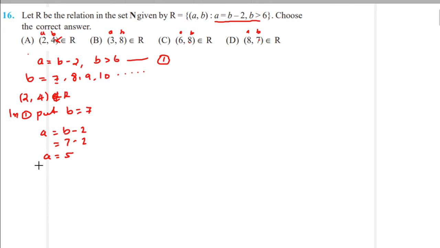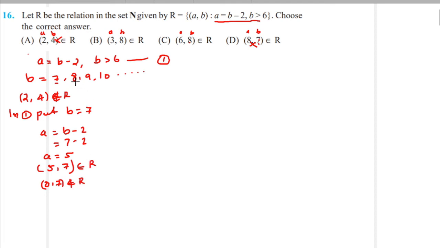So the ordered pair is (5,7), the only possibility. If b is 7, a is 5, so here (8,7) we can't take. So (8,7) does not belong to R.